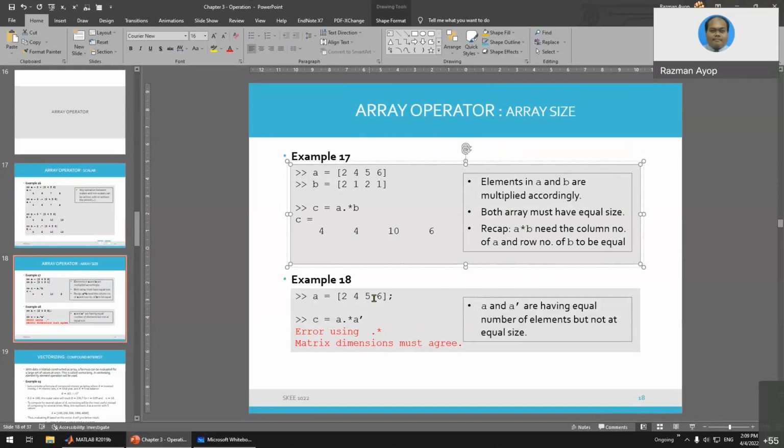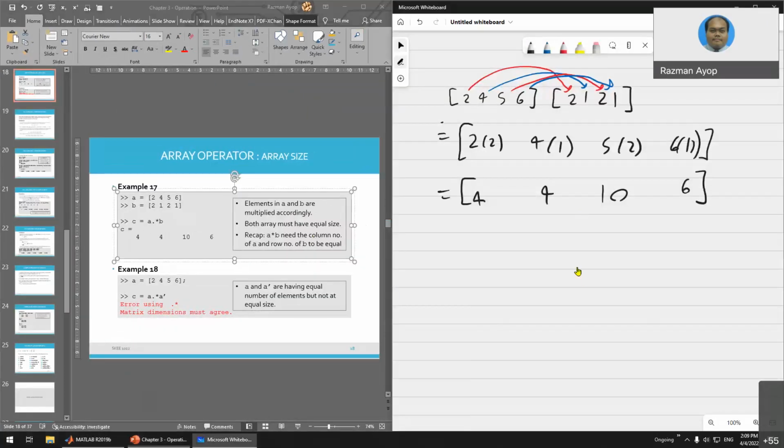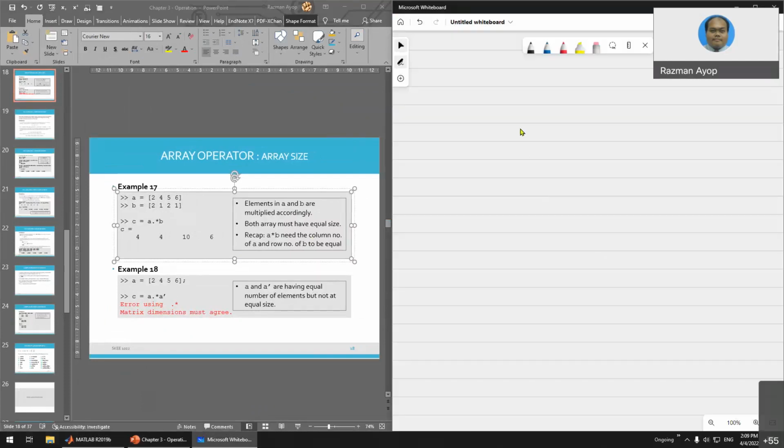And for this one, you cannot do this. Okay. So why? Because if you see here, A is equal to 2, 4, 5, 6. Okay. So A transpose is equal to 2, 4, 5, 6. Okay.